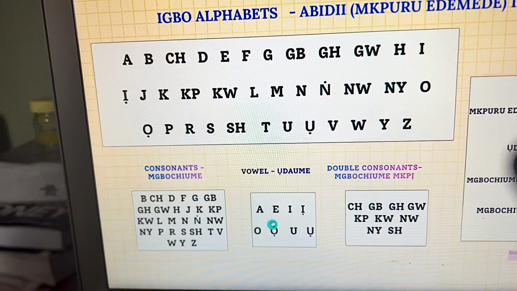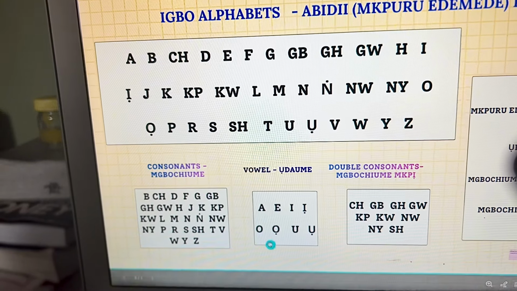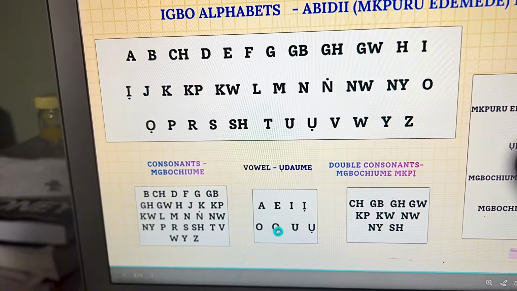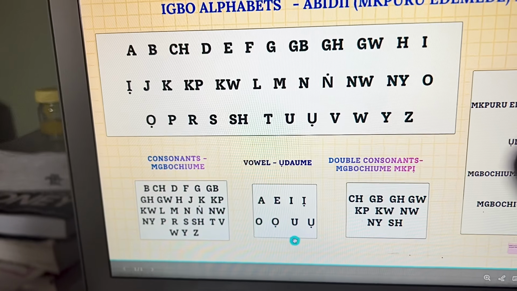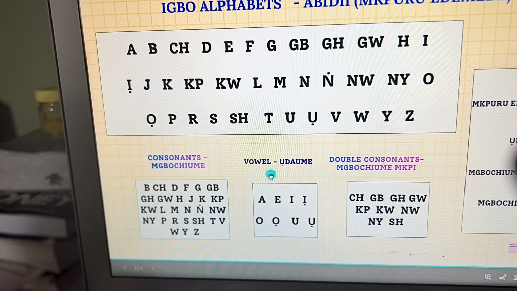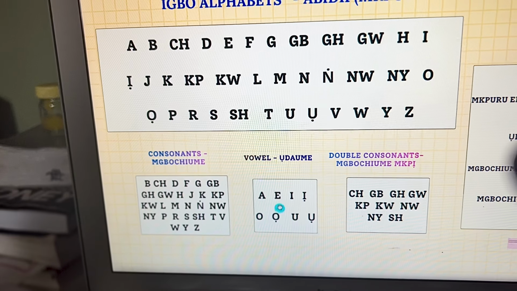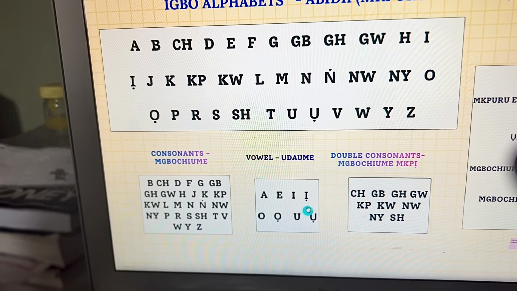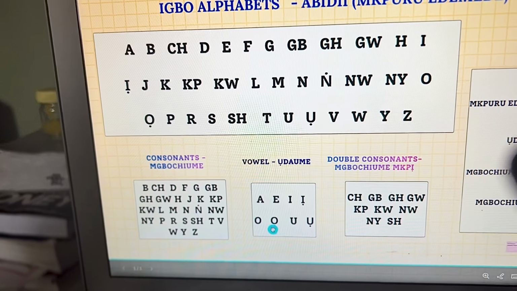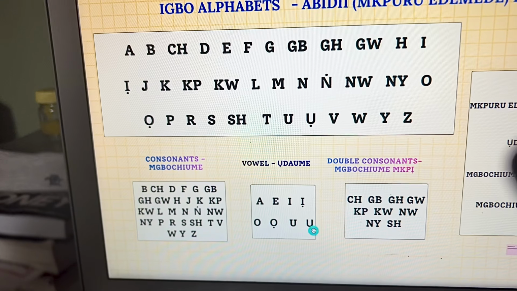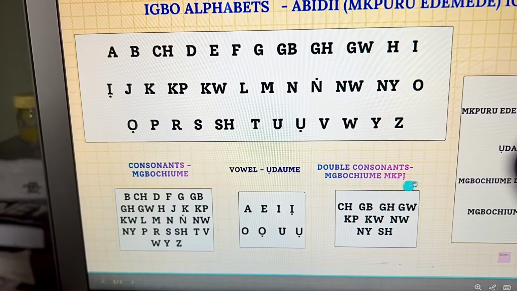A, E, I, O, U. Udume. And we have the double consonants, the ones we call mbochu mempe.